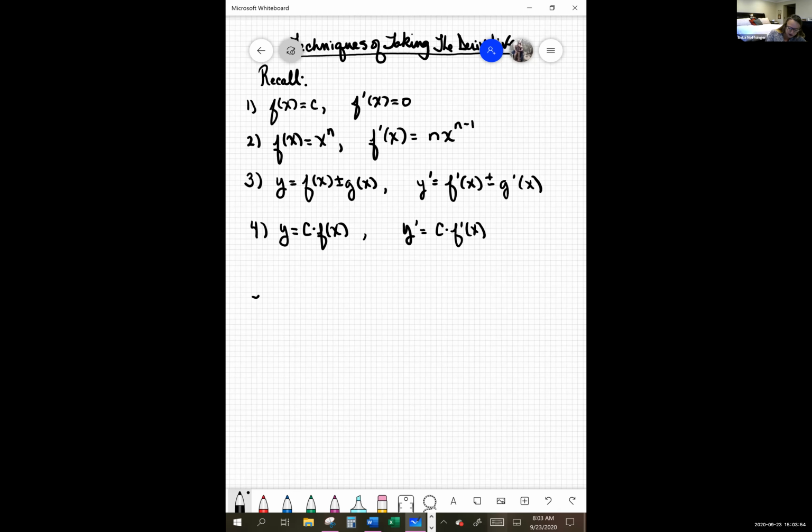And then we also talked about the importance of rewriting things sometimes so that we could use this general power rule. And we looked at some rules of exponents and radicals, rewriting those as exponents. So if you had, for instance, y is equal to 8 square roots of x plus 6x to the 3/4 power.